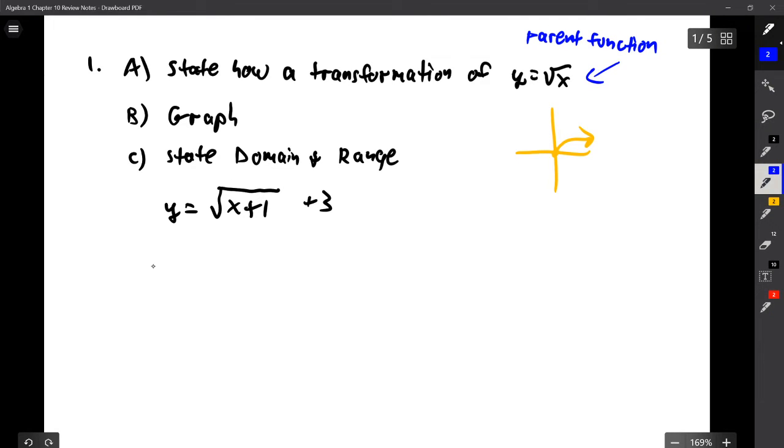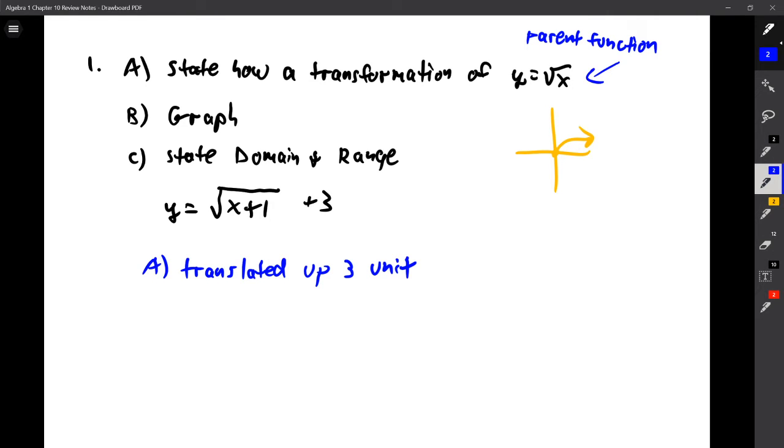So my part A here, I can start out saying translated up 3 units. When I add stuff outside the square root, that shifts it up. If I subtract stuff outside the square root, that shifts it down. So translate up 3 units.